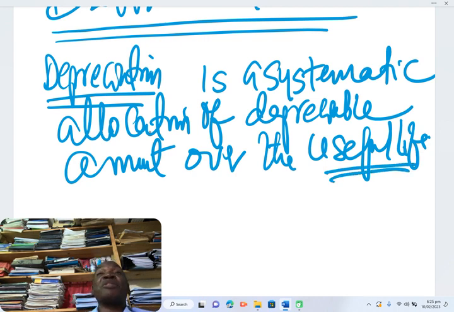Cha kwanza anasema useful life. So depreciation, you allocate an asset over useful life. So what he's saying is this.